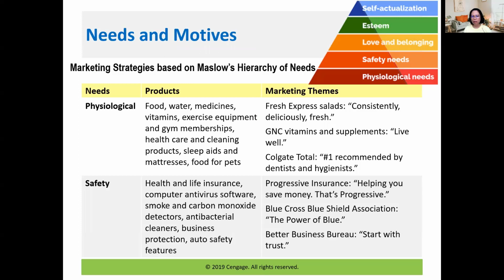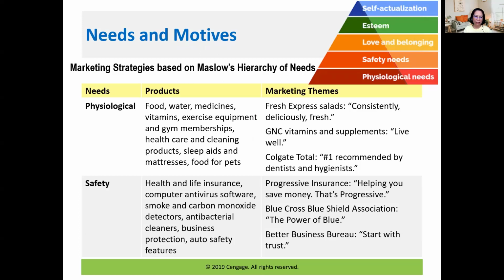Marketing themes could say, consistently, deliciously fresh, or a vitamins company may say, live well. And a Colgate advertisement could say, this is the number one recommended by dentists and hygienists.